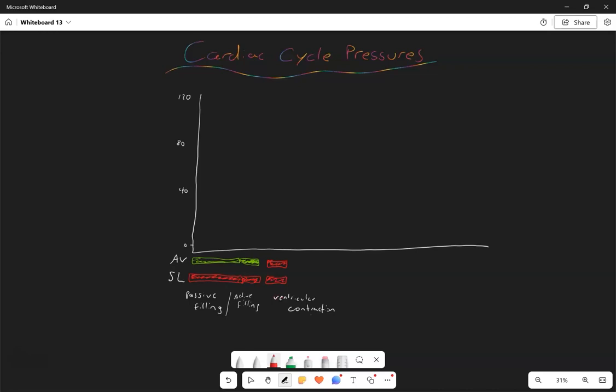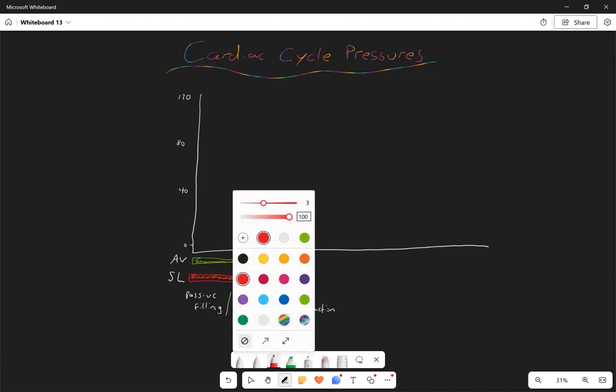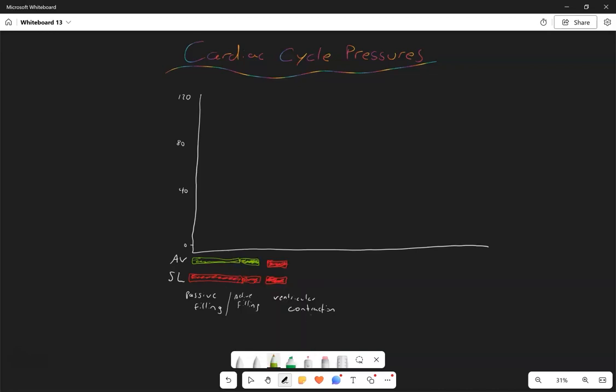So this phase right here, where these two valves are closed, is your isovolumetric contraction.